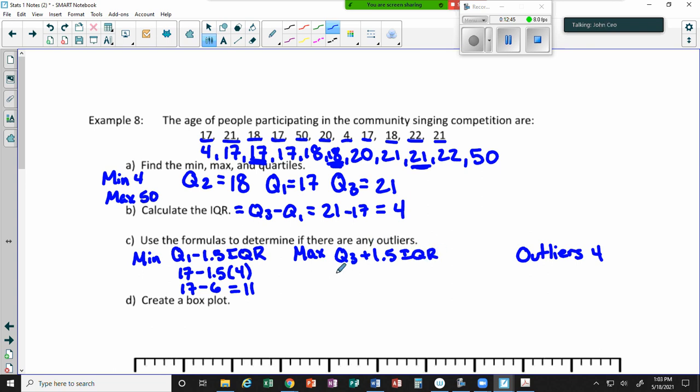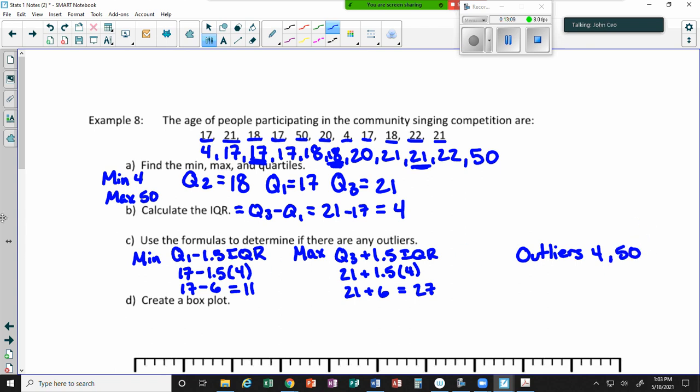So Q3 is 21 plus 1.5 times 4. Well, that's 6, right? So it's going to be 21 plus 6. 27. So do I have any values that are greater than 27? Yeah, 50.